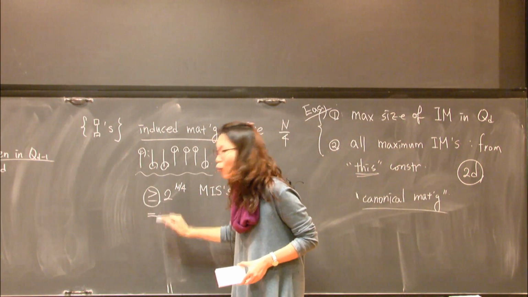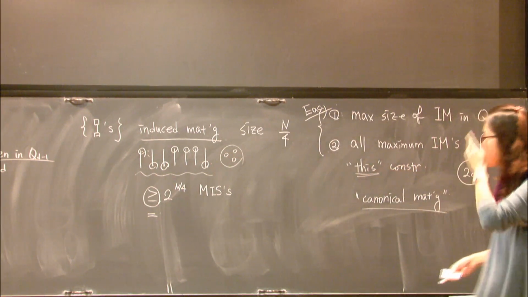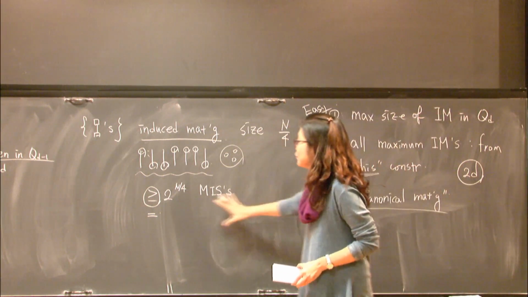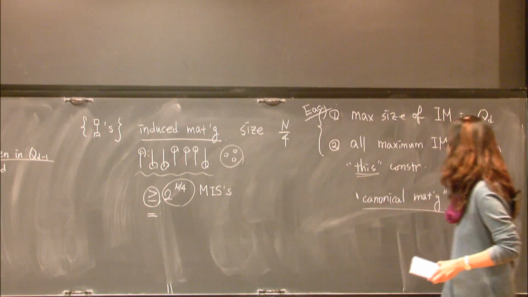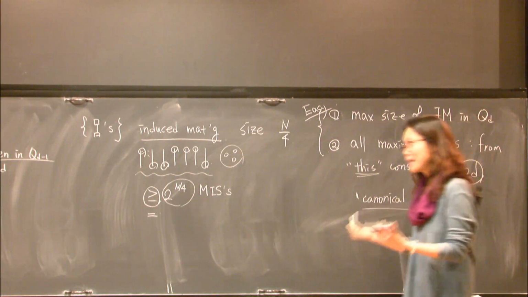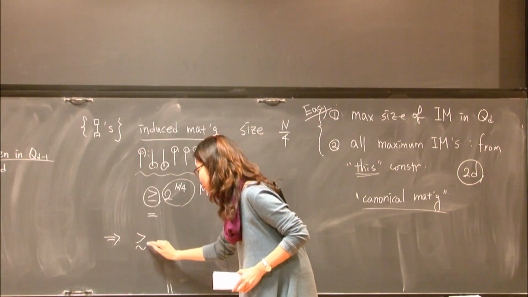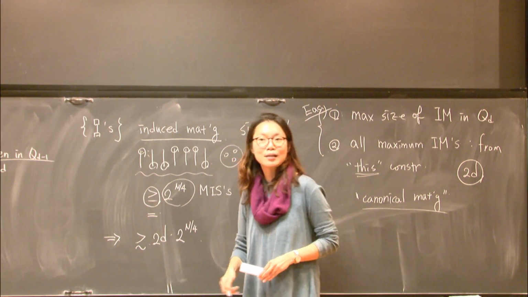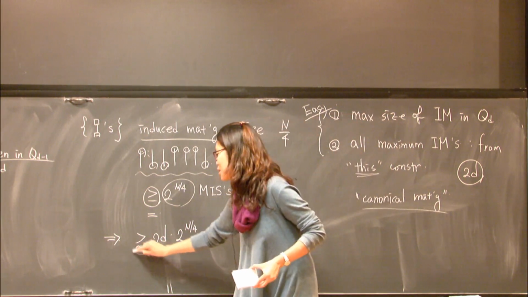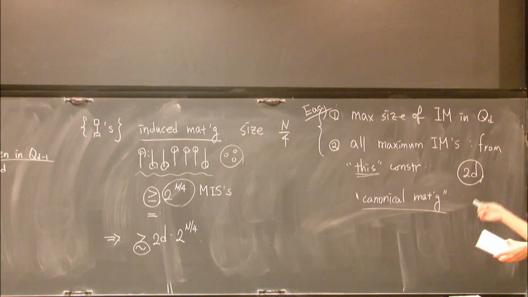This is actually equality, which means each extension is unique. So we have this many maximal independent sets from each canonical matching, and there are exactly 2 times d canonical matchings. So that gives us an asymptotic lower bound. From here, we have at least 2 times d times 2 to the n/4 maximal independent sets. Here I used this because there are some overlaps between the maximal independent sets gotten by different canonical matchings, but the overlaps are negligible.